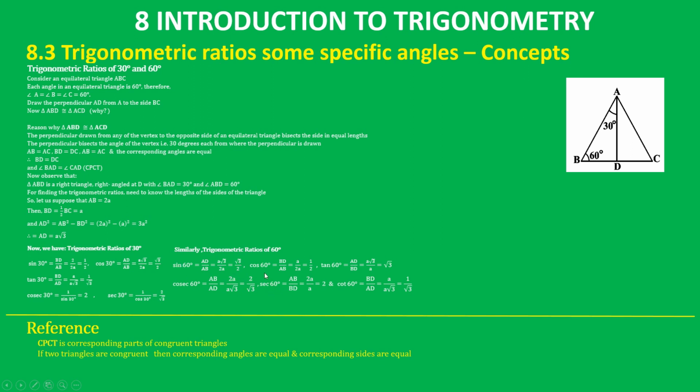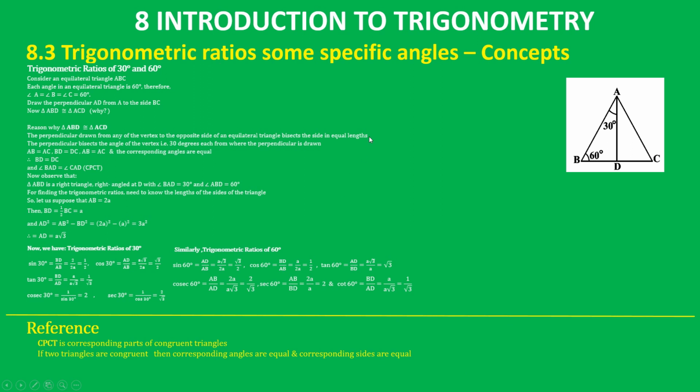Secant 60, reciprocal of cos 60, is equal to 2. That means secant 60 is AB by BD is equal to 2A by A is equal to 2. Cot 60, reciprocal of tan 60, is nothing but 1 by root 3. How is it? Cot 60 is BD by AD. BD is A and AD is A root 3, that is 1 by root 3.